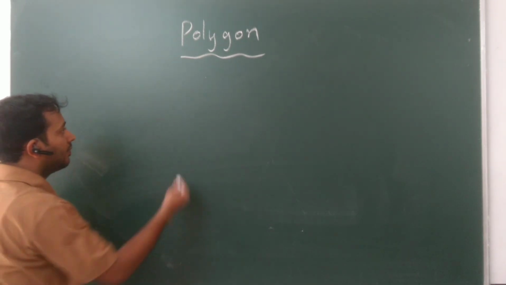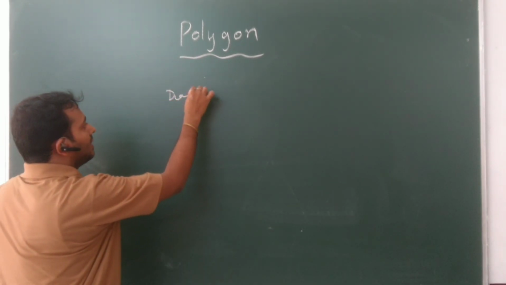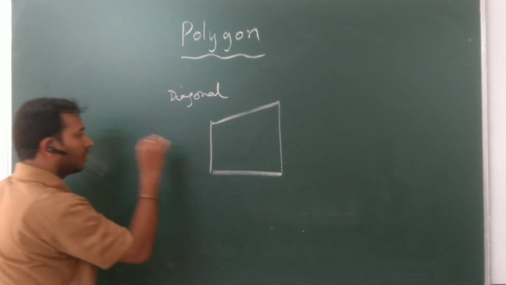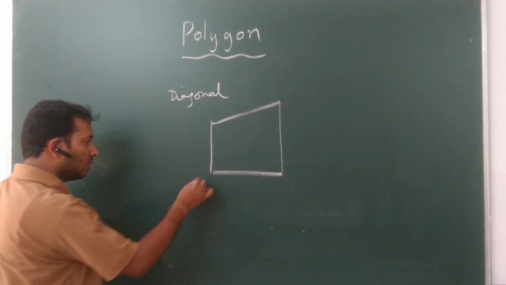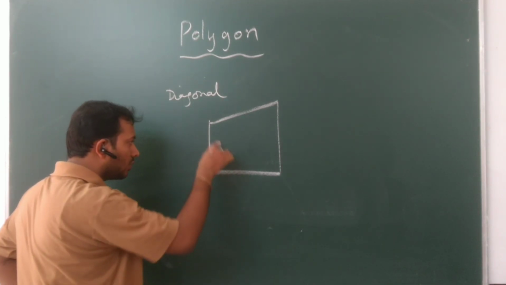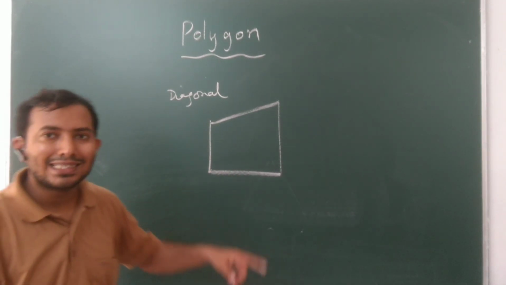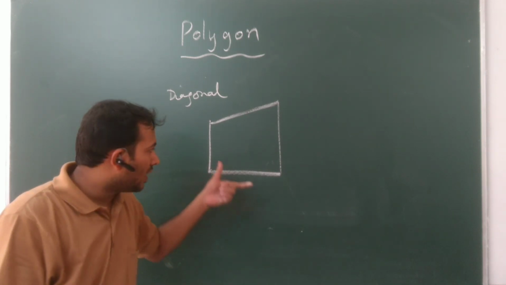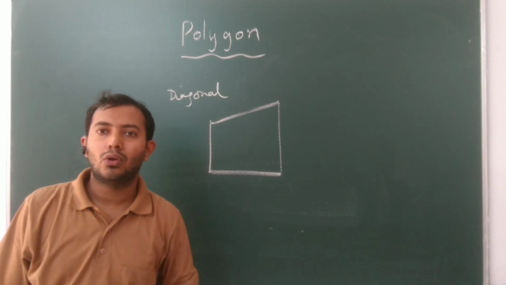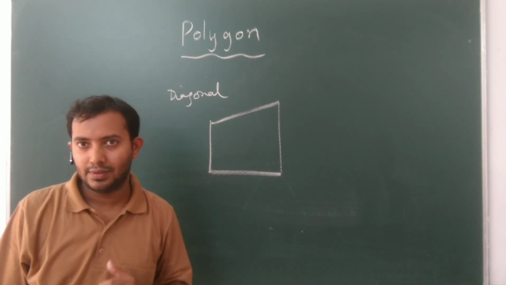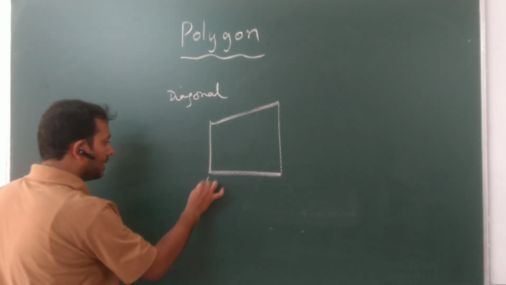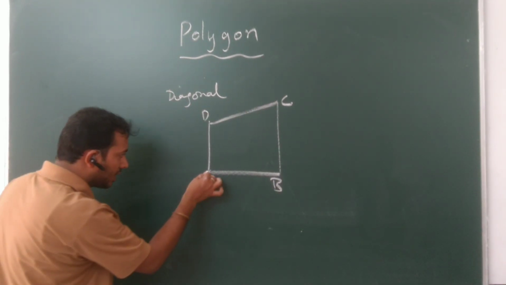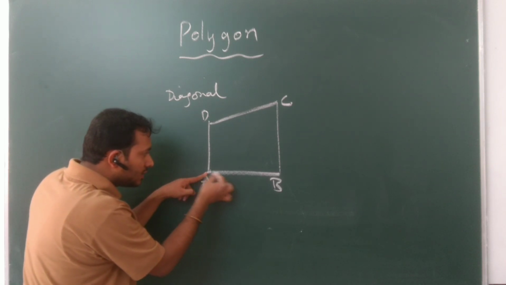So if you see diagonal, what is a diagonal? Diagonal is the line segment joining two non-adjacent vertices. So if I take A, B, C, D, and we see here A's adjacent is what?